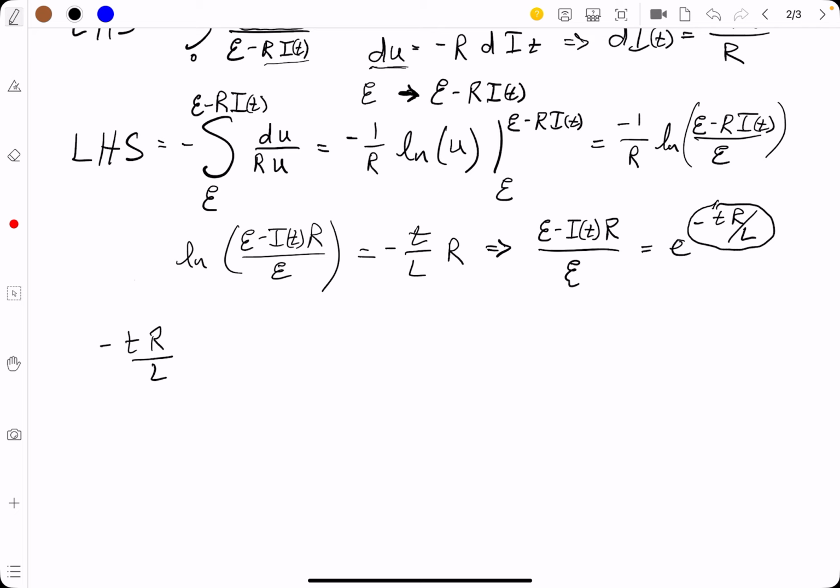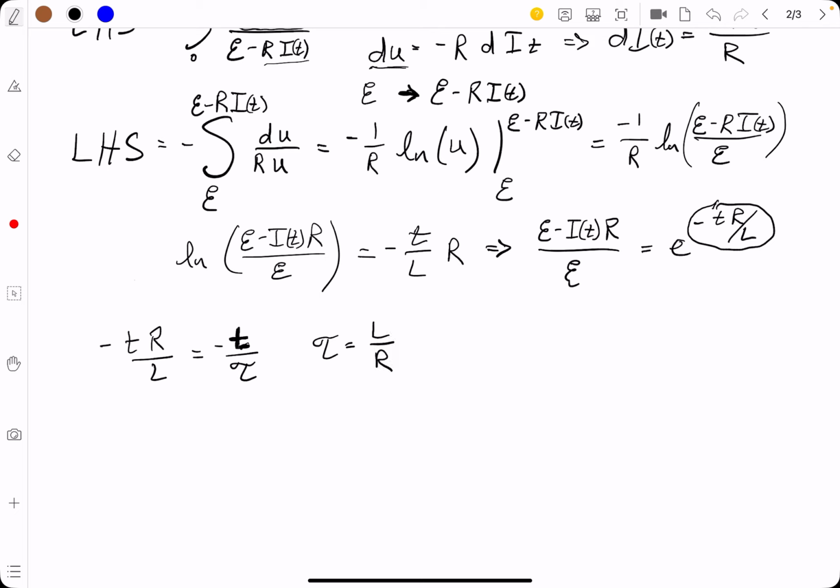If it's unitless, I can now say it's minus t over tau. Both are in seconds, okay? And what does that mean for our tau? That means that tau is equal to L over R.